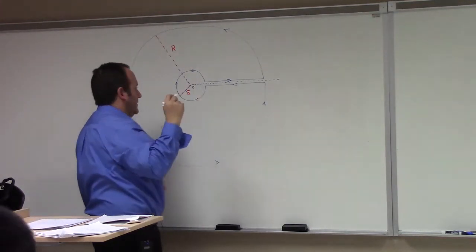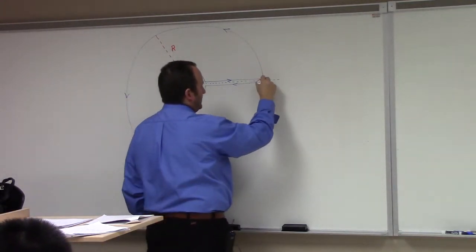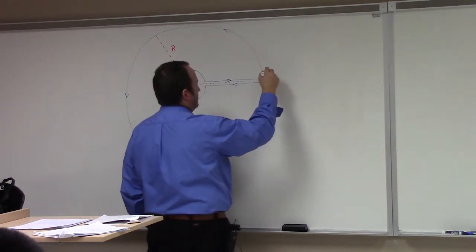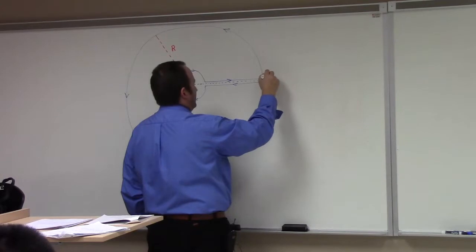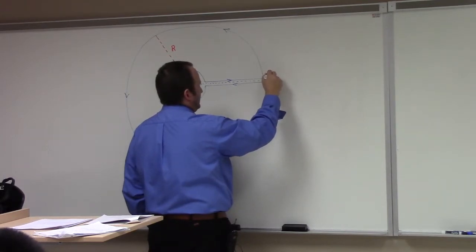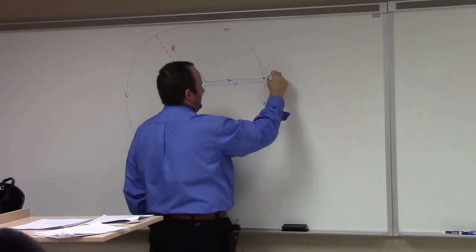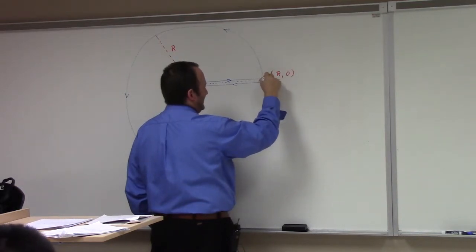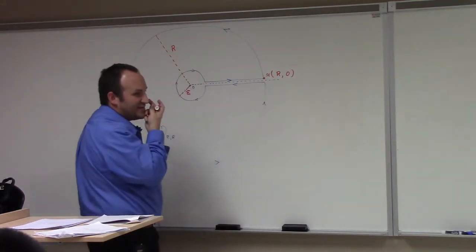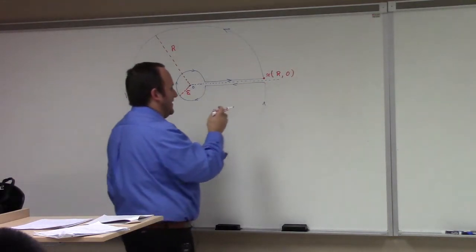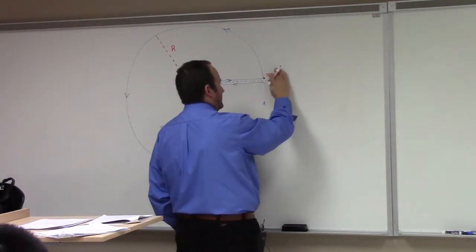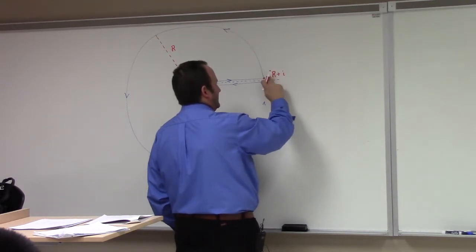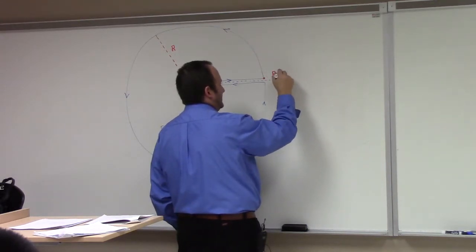Right. So this point here, for example, is, well, I guess it's debatable. It's approximately r, 0. It's not quite that, though, is it? This is complex, right? So we should maybe say it's r plus, I don't know.